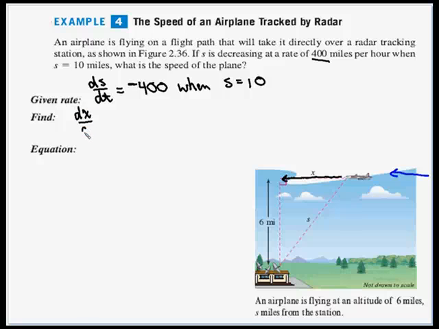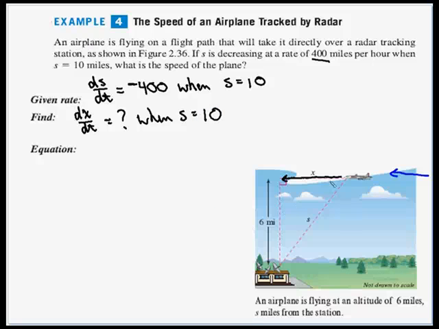The change in x with respect to time is what we're looking for. And the speed is at this point in time also. If S is decreasing, when S equals 10, what is the speed of the plane? So we want dx/dt also when S equals 10.